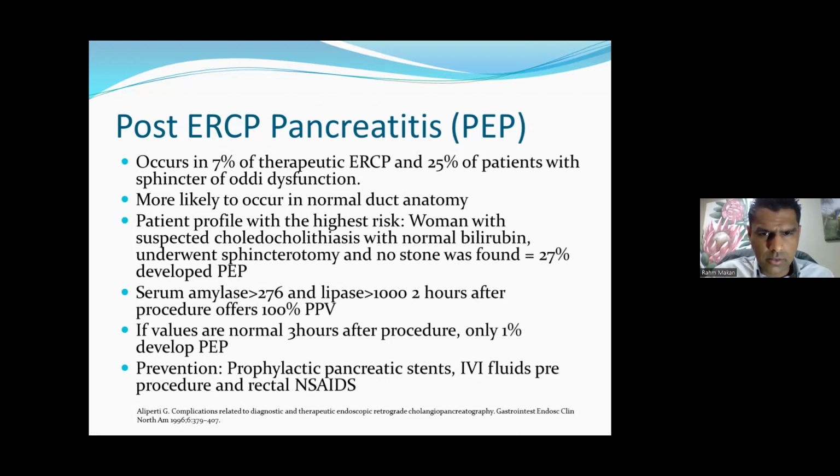So if the values are normal 3 hours after the procedure, only 1% of those patients develop post-ERCP pancreatitis. There have been methods that have been proven to prevent it, which would be the use of prophylactic pancreatic stents and IV fluids pre-procedure, as well as rectal NSAIDs.